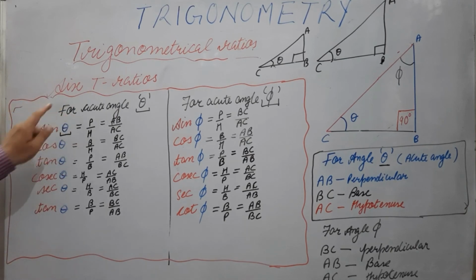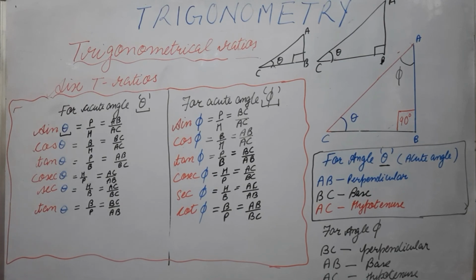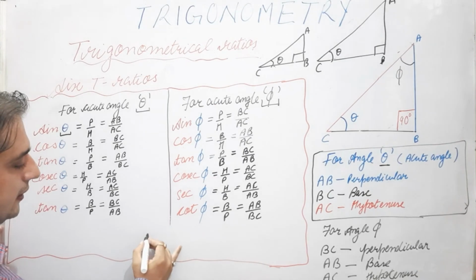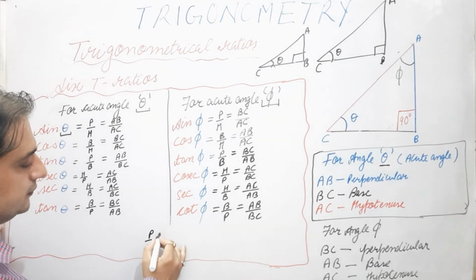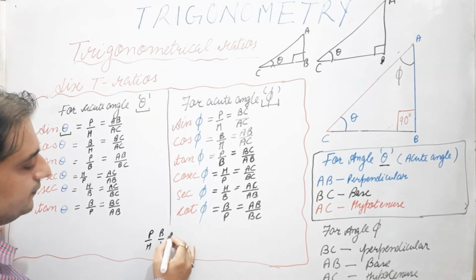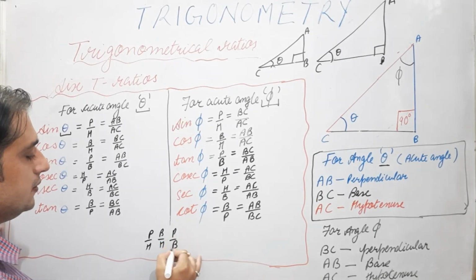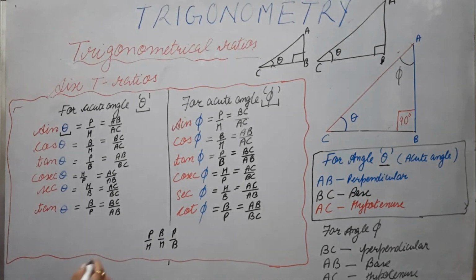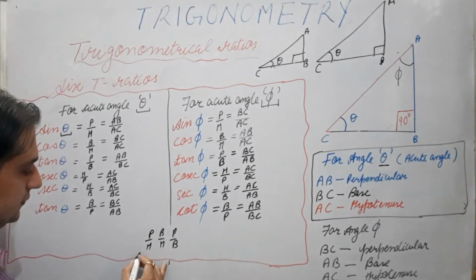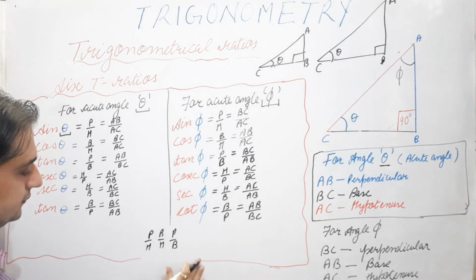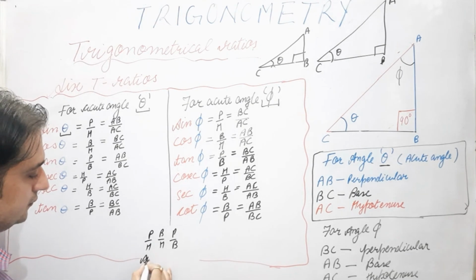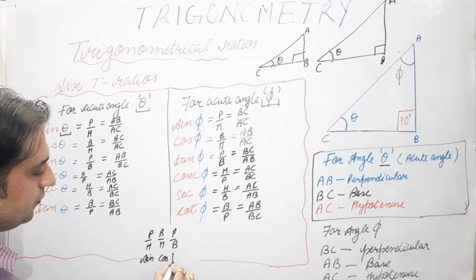Firstly, you have to remember sine theta is perpendicular by hypotenuse, and cosine is base upon hypotenuse. In short, you can write P by H, B upon H, and P upon B. These are the T ratios for sine, for cos, and for tangent.